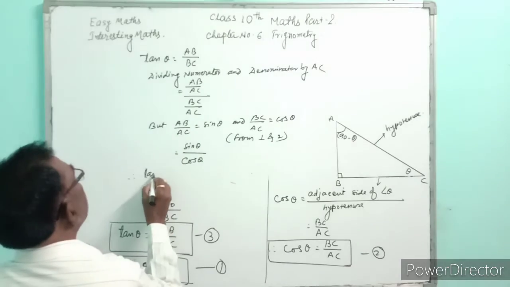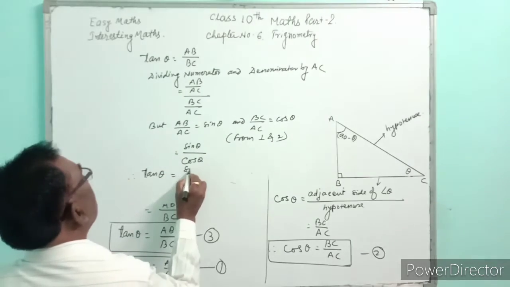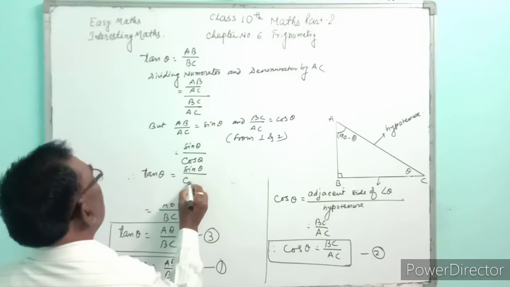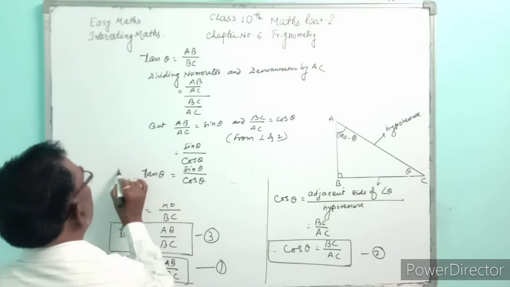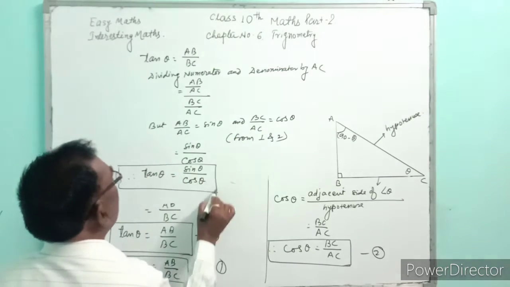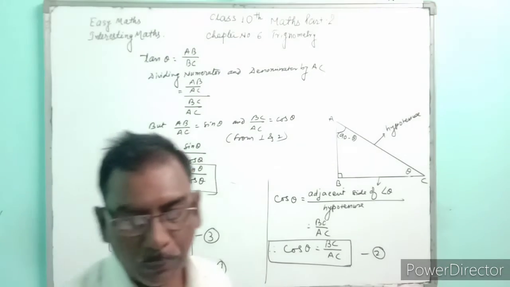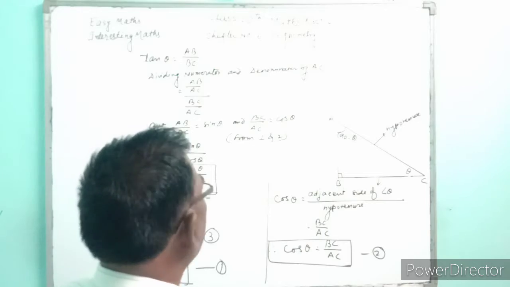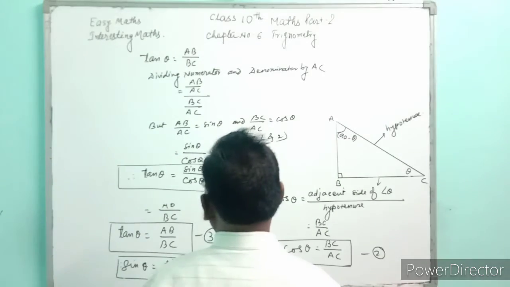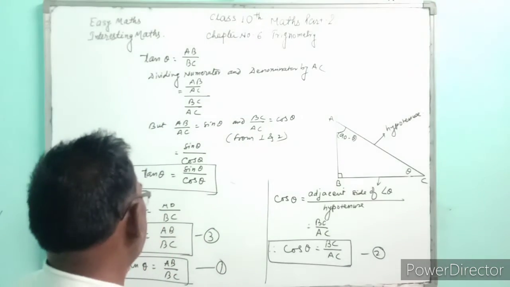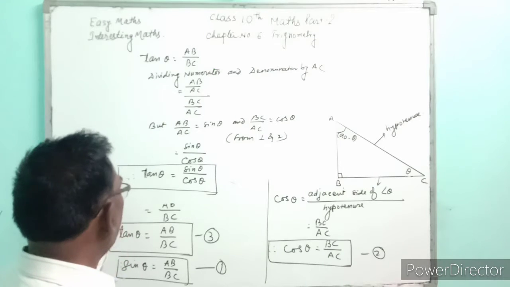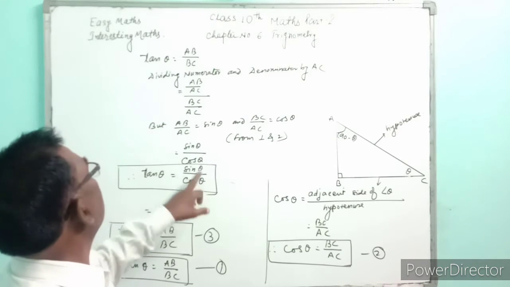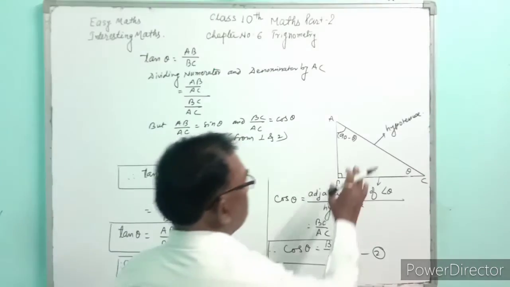Therefore, tan theta is equal to sin theta upon cos theta. So we have derived the values of sin theta, cos theta and tan theta, as well as the relation between sin theta, cos theta and tan theta from this figure.